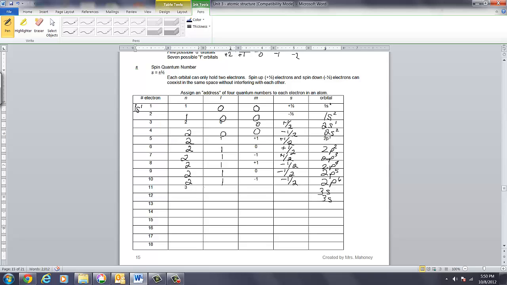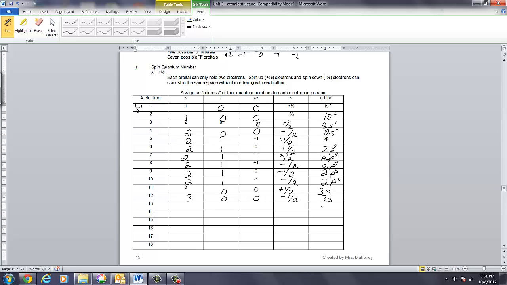So this is at the third energy level, but I'm back to an s. L is 0, M is 0. First I put in my up, which is a positive 1/2. Then what's the only difference? Still on the s, it's going down, so it's a negative 1/2.